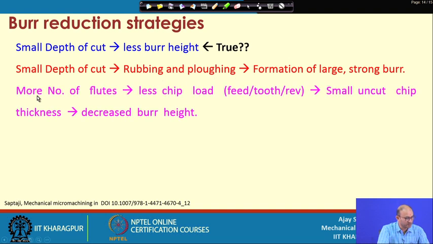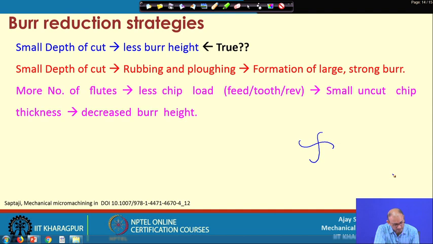Now, there is another way: let us increase the number of flutes. In the earlier slide, this is the 4-flute cutter and this is the 2-flute cutter. In this case, 4 flutes or 4 edges will remove the material, and in the other case only 2 edges will remove the material.